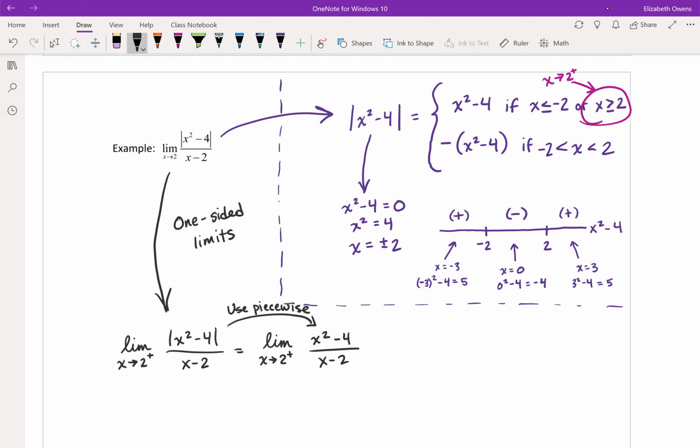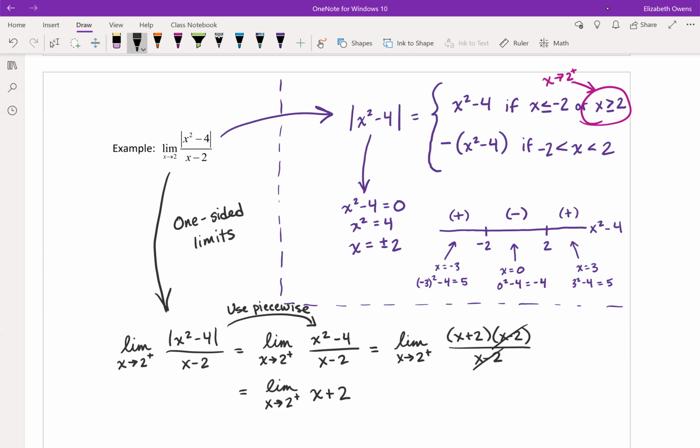Okay. And now this problem becomes very nice. We can use our previous trick of factoring and canceling. It's okay now because we've gotten rid of that absolute value. And so we'll factor that nice difference of squares there and cancel out the x minus 2 term that was preventing us from doing direct substitution. So we are going to be able to do direct substitution now at this stage.